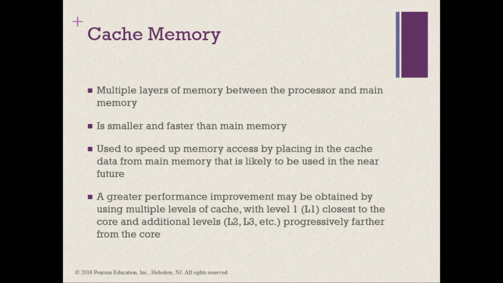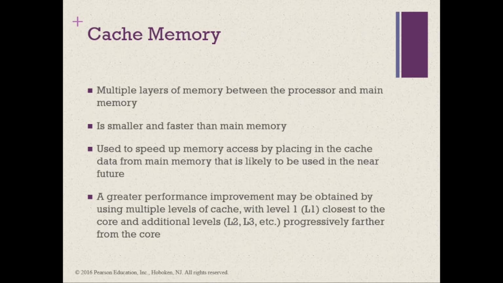Okay, then also, a greater performance improvement may be obtained by using multiple levels of cache. So we have level 1 or L1 closest to the core, and additional levels L2, L3, and so on, progressively farther from the core. But still, this L1, L2, L3 is inside your processor.